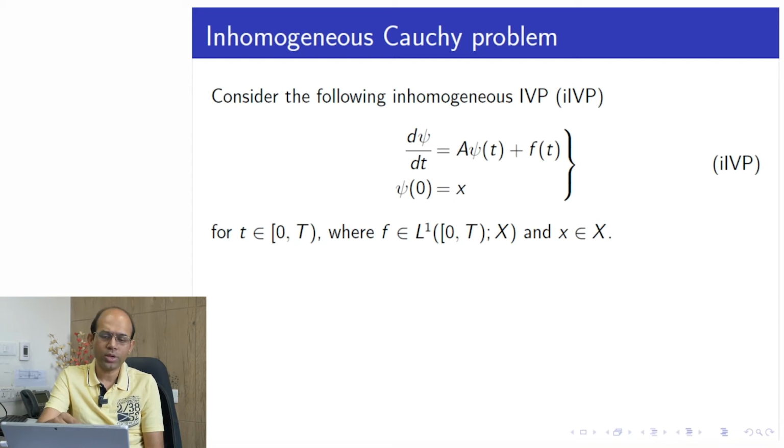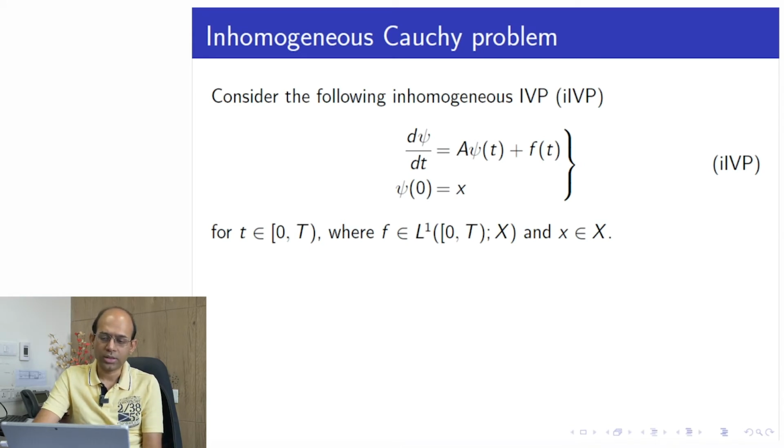For all small t from closed 0 to open capital T, we study this problem, where small f is an L1 function, integrable, that means the area under the curve of mod f is finite.